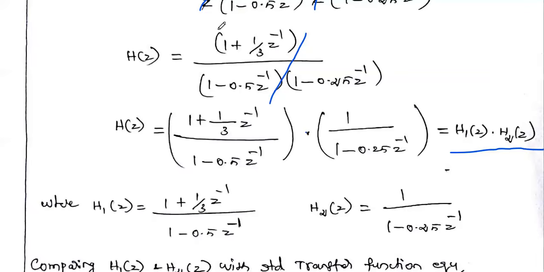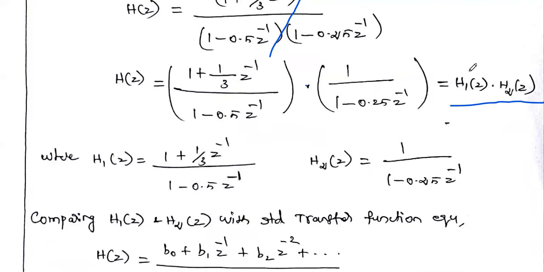You may also split 1 divided by (1 minus 0.5 z inverse) as H1 and (1 plus 1/3 z inverse) divided by the other term as H2, so we can implement in any order. Here H1 and H2 are the single order system transfer functions.